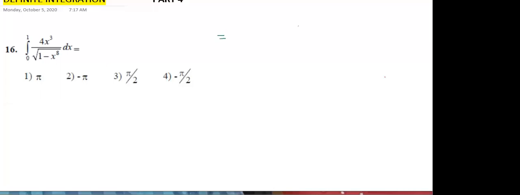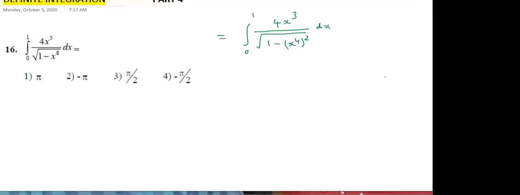So this is, we can write integration 0 to 1, 4x cube divided by under root 1 minus x power 4 whole square dx.